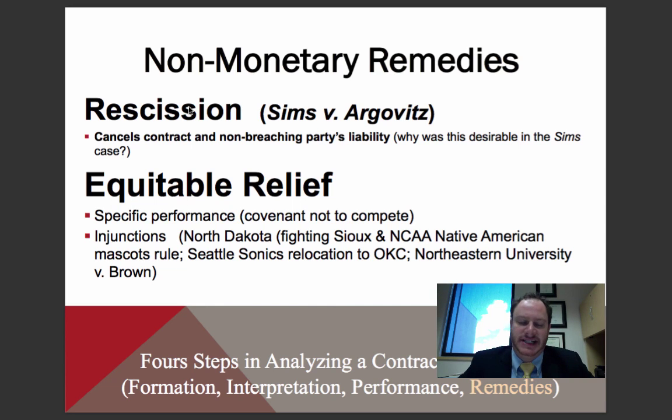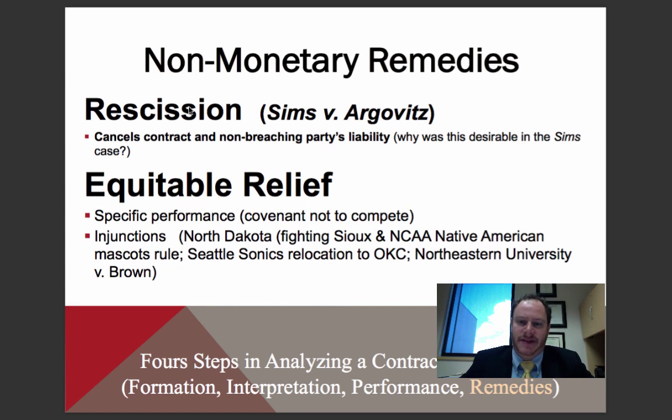And so during negotiations between Sims and the Lions, Argovitz secretly wanted to get Sims to play for his new team in the rival league because it would create a buzz, and Argovitz would directly benefit by the money Sims brought in.